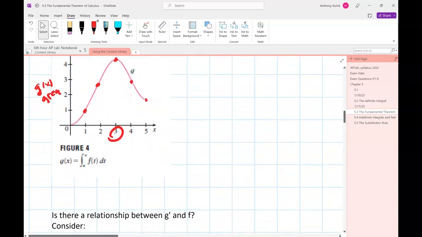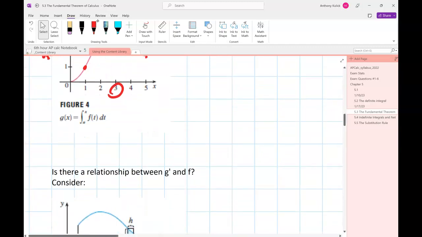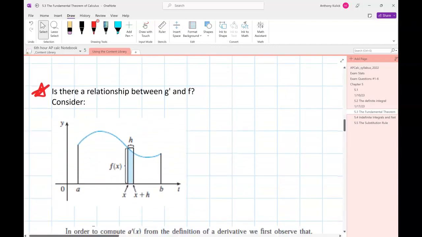So again, that's just my graph of g of x. Okay, here's the big question. Is there a relationship between the derivative of g and the function f? Ooh, yeah, that's pretty close.